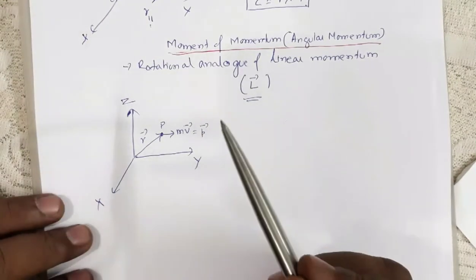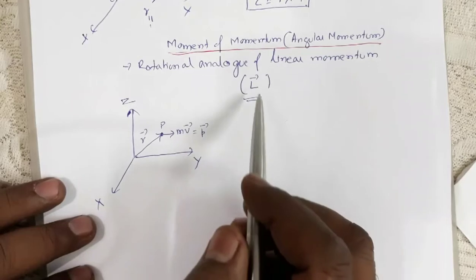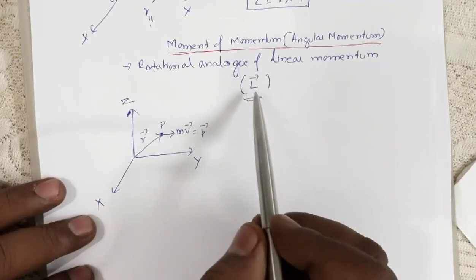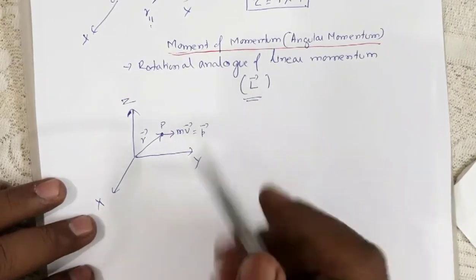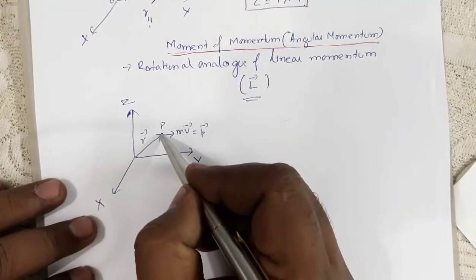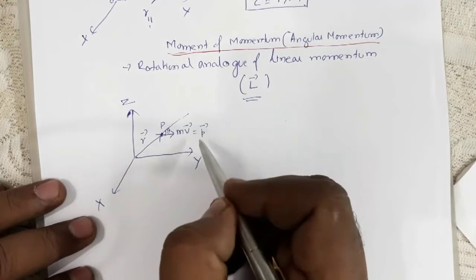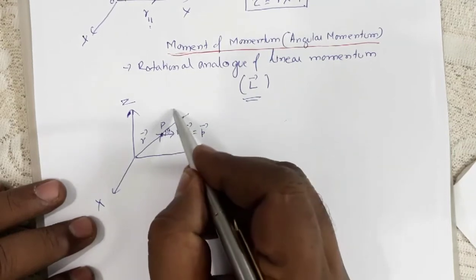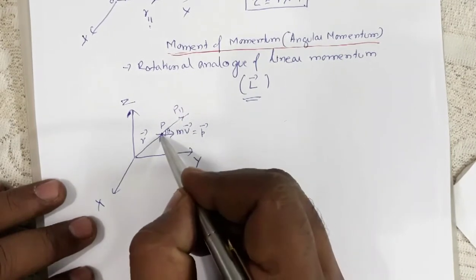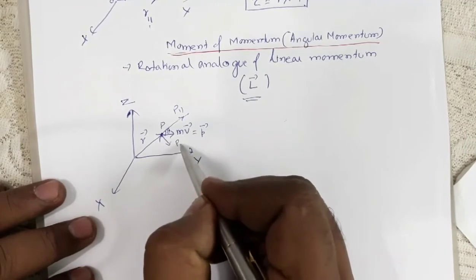As in the previous case, I can express the mathematical form of angular momentum in two ways. If I extend this line, this angle is theta. So this component will be p parallel and this component will be p perpendicular.